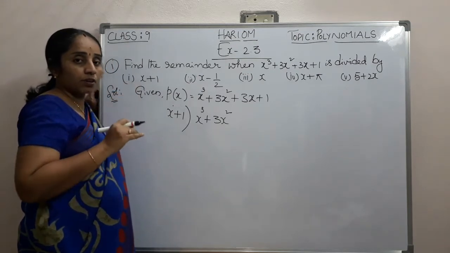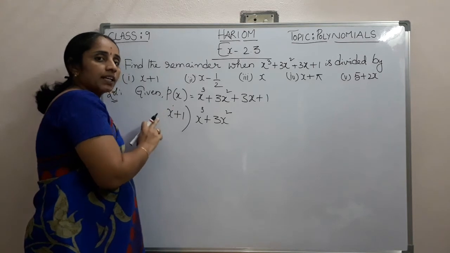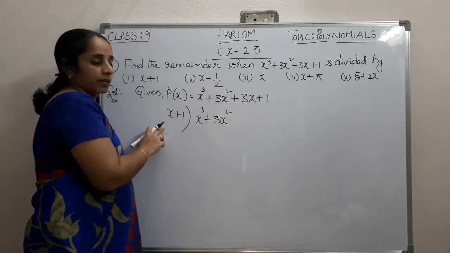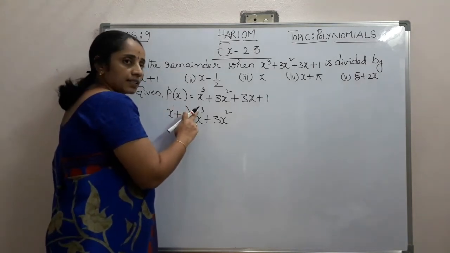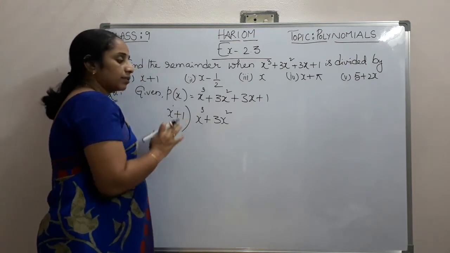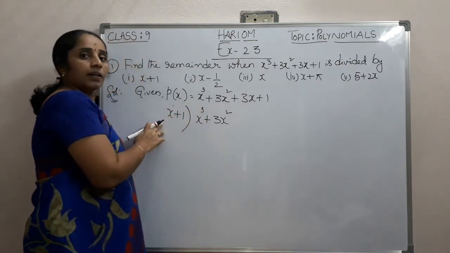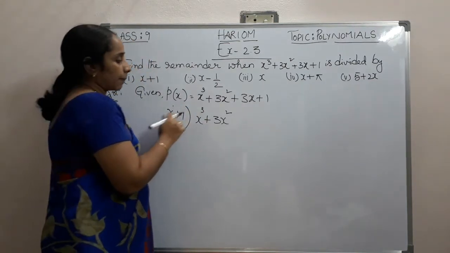Sorry, not monomial. Here its degree is 1, so that is a linear polynomial, and the other has degree 3, so that is a cubic polynomial. Now we are doing division of a cubic polynomial by a linear polynomial.